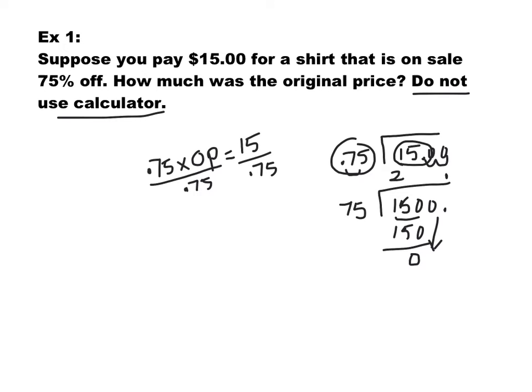I bring 0 down. 0 divided by 75 is going to give me 0 here. And then 0 times 75 gives me 0. 0 minus 0 is 0. And that's it. There are no more digits left. So the answer is 20. This means that the original price is $20. When you give 75% off, the price becomes $15.